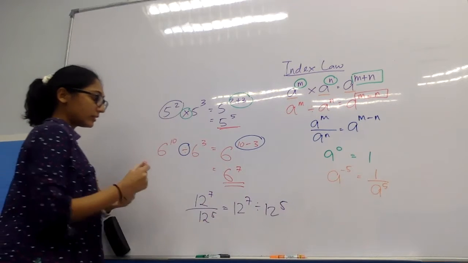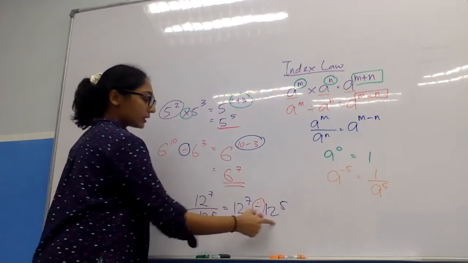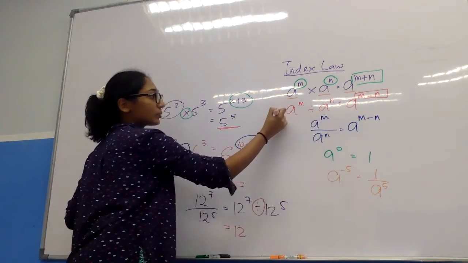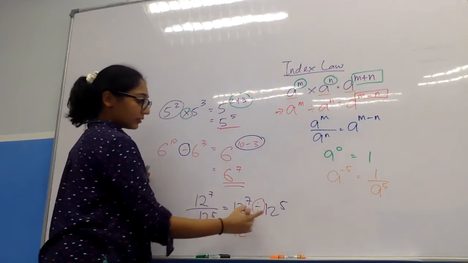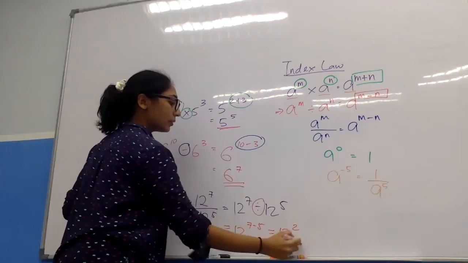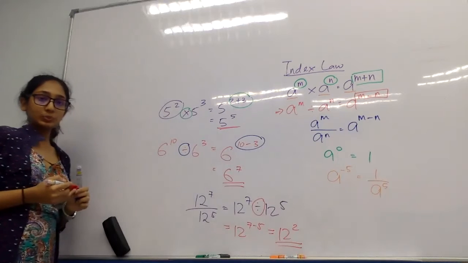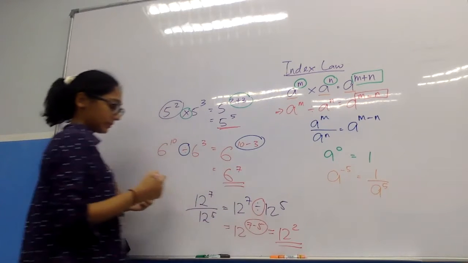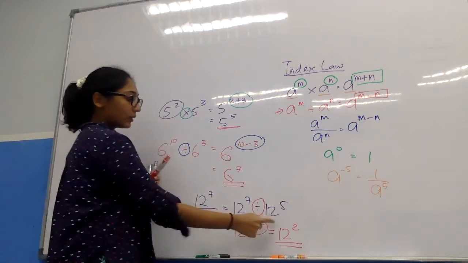And then because it's divide and both the numbers are the same, it falls back to this one. So it will be 7 minus 5. So 12 to the power of 2. Because it's divide, I minus. And both the numbers are 12 and 12.